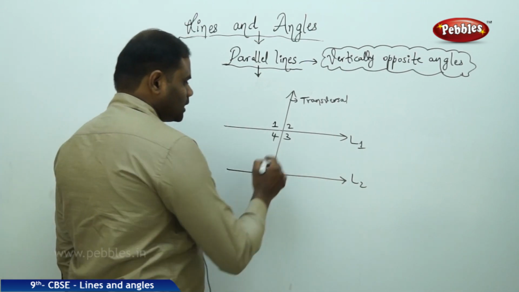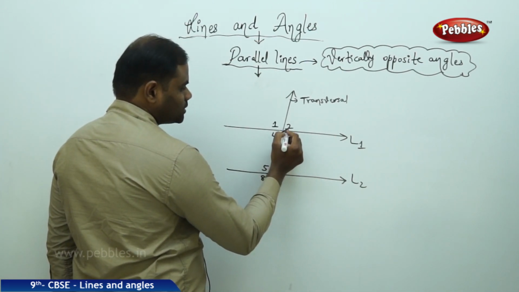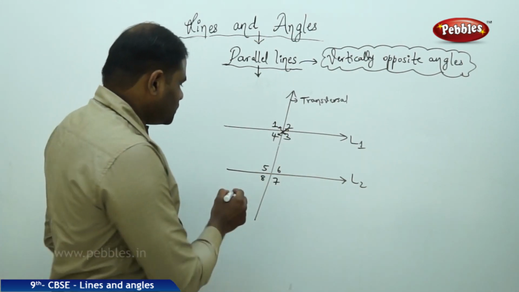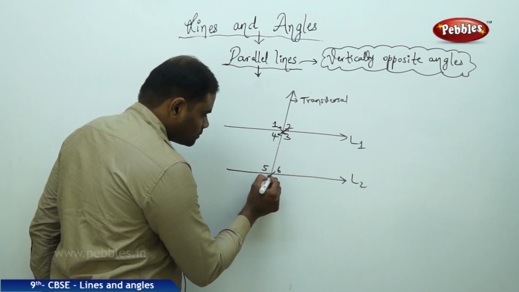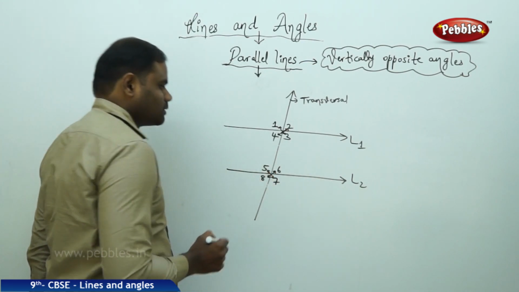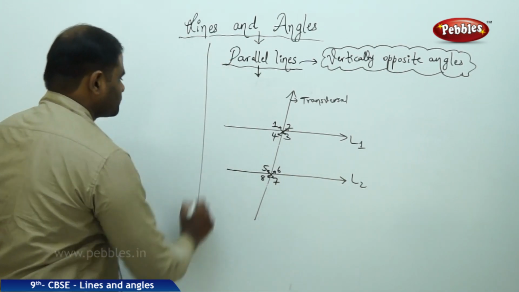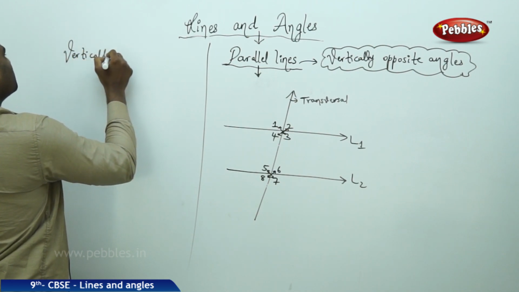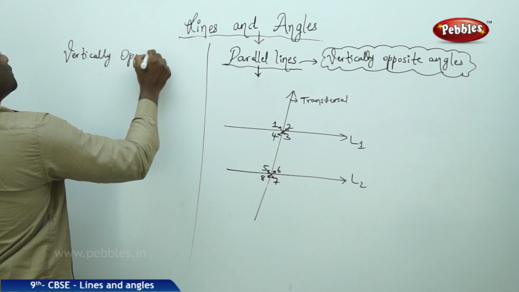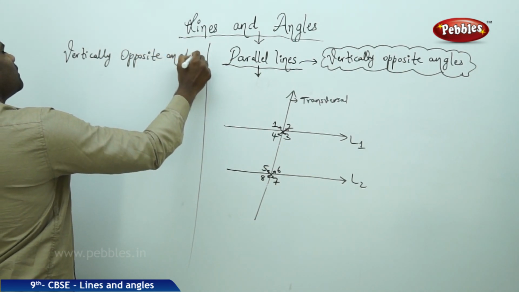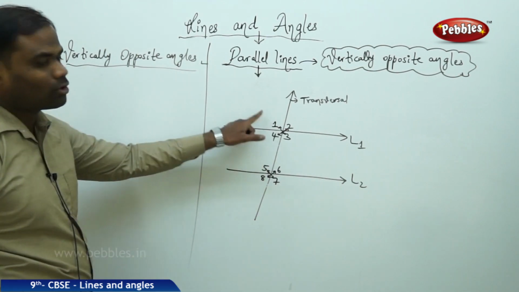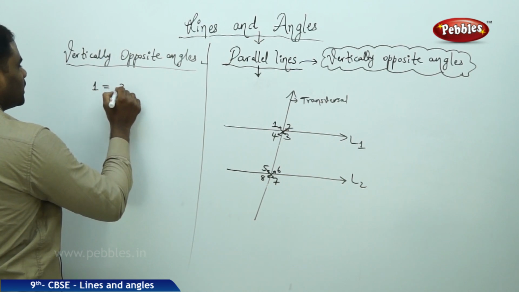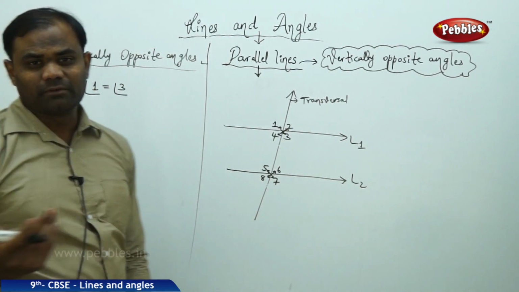Now vertically opposite angles are the ones which are opposite each other, as we have already discussed. These two are opposite and these two are opposite. Therefore, vertically opposite angles are those which are opposite to each other, as can be seen, one is vertically opposite to 3 and they are always equal, as proved in the previous theorem.